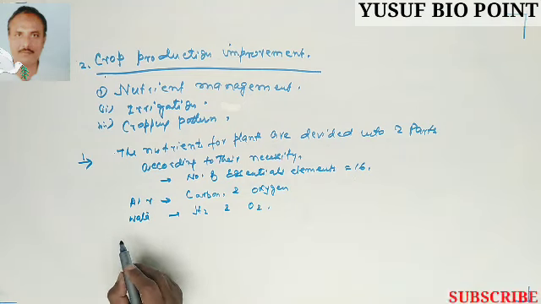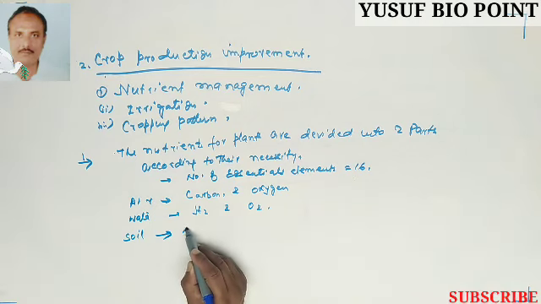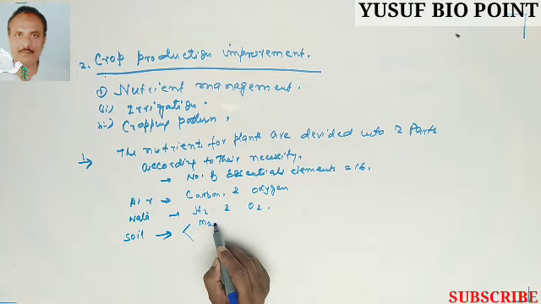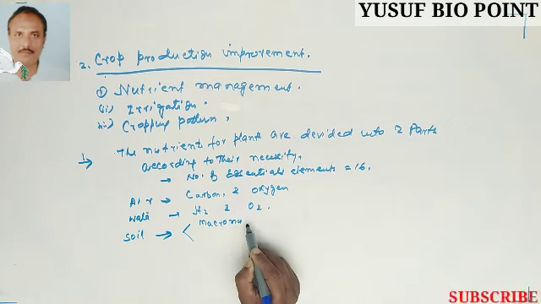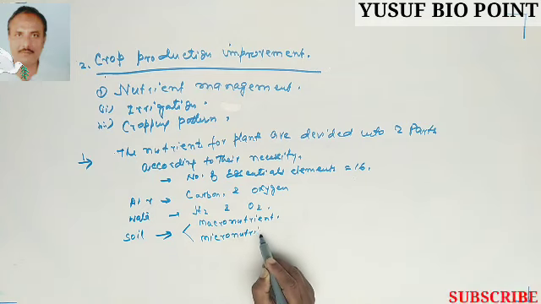And from the soil, the nutrients which the plant takes can be divided into two parts. One is macronutrients and the other is micronutrients. Macronutrients are those elements which are used in more quantity, and micronutrients in less quantity.